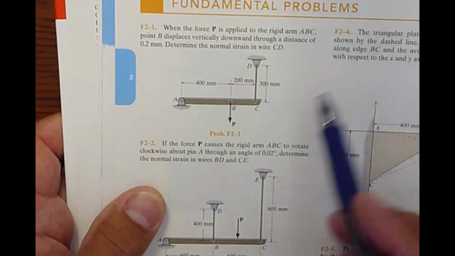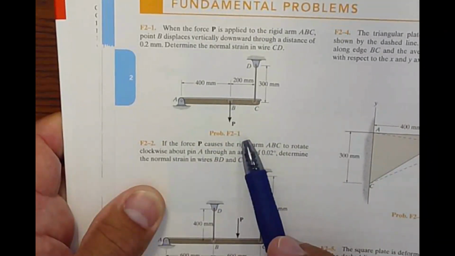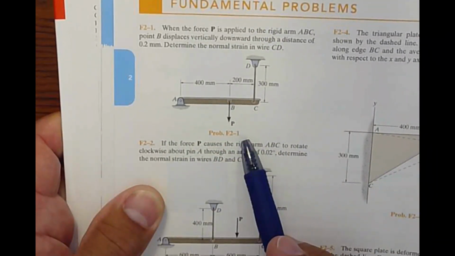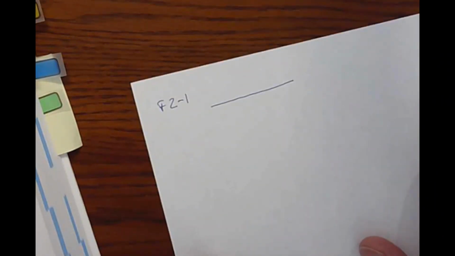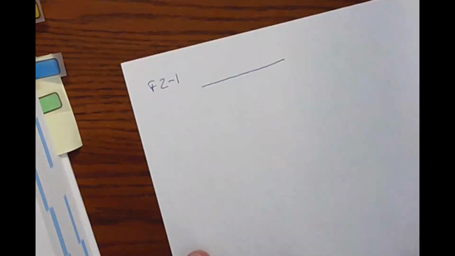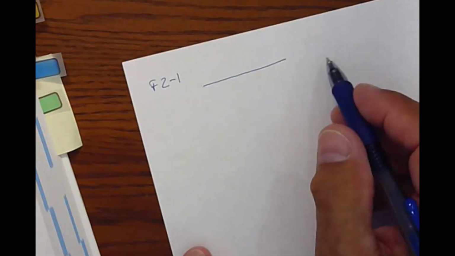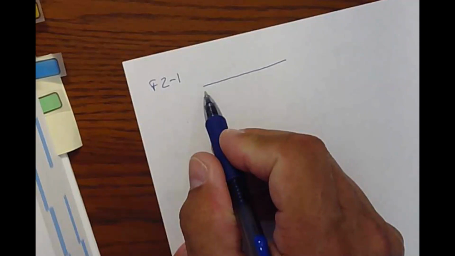We don't even need forces. We can go straight to strain. And this one's real easy. You have a rigid bar, starts off here. A rigid bar, and we know that it's going to deflect downward.